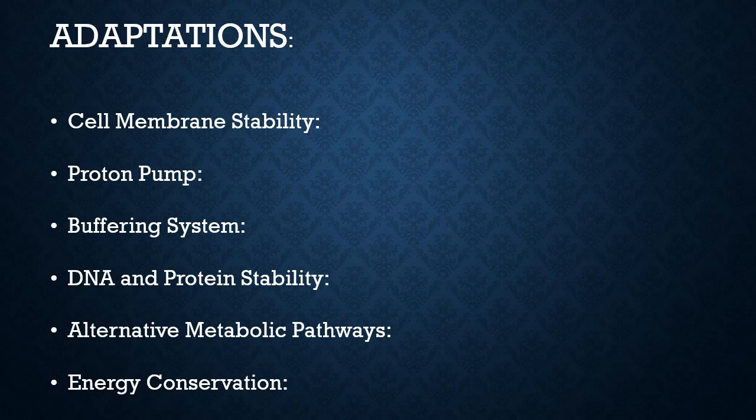Next is the proton pump. They have highly efficient proton pumps that actively expel excess protons from the cell, maintaining a neutral intracellular pH. Then the buffering system: they produce or accumulate compounds that buffer the cytoplasm of the cell against changes in pH, such as amino acids or organic molecules.